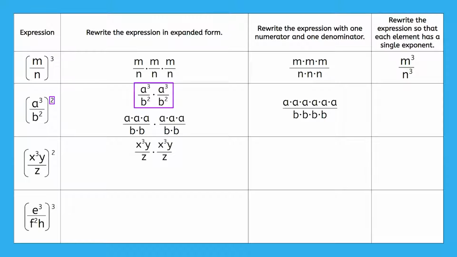So we have a cubed over b squared times a cubed over b squared. Then it looks like this top part was expanded even further. Then, because multiplication is commutative, the third column shows all the a's combined into one numerator and all the b's combined into one denominator.